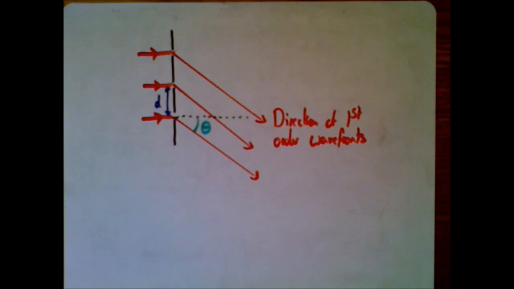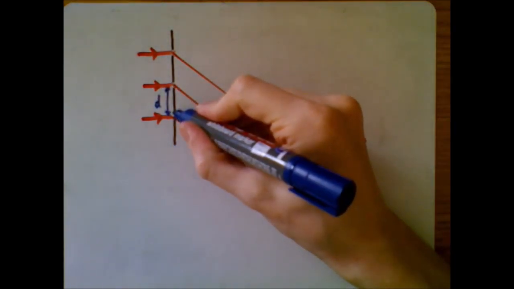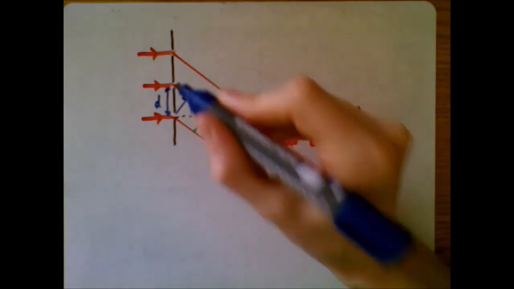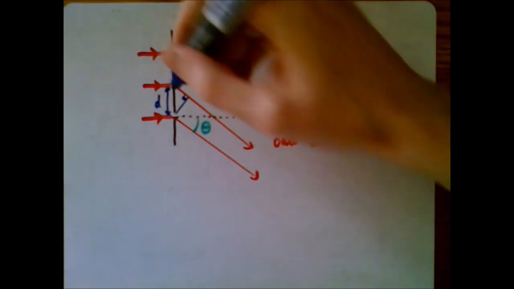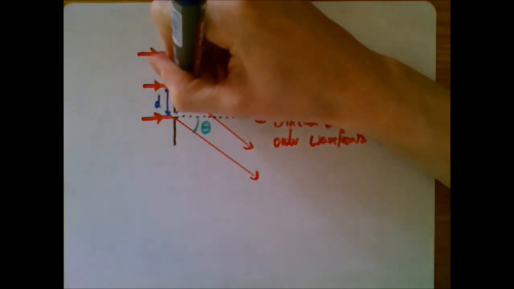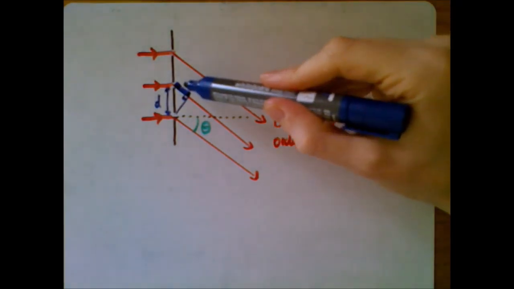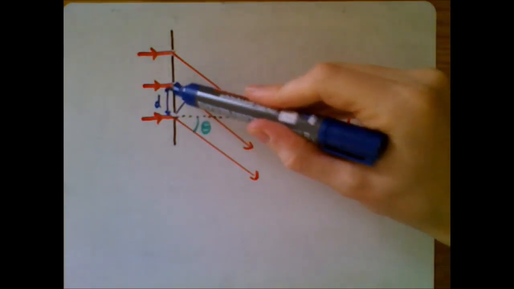Now this is where we have to think about what we said earlier about the idea of path difference. For our first order maximum here, if I draw a line along there, that's a right angle. That blue line there is the path difference between the light coming through this slit and this slit.